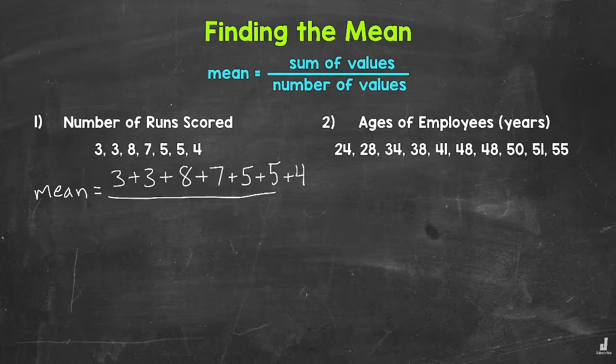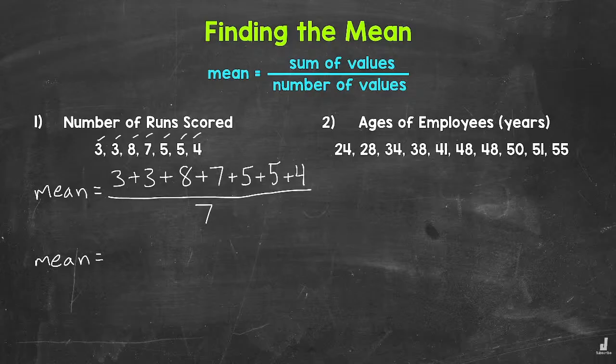Then we divide that sum by the number of values. We have 1, 2, 3, 4, 5, 6, 7, so divide by 7. Now let's add. 3 plus 3 is 6, plus 8 is 14, plus 7 is 21, plus 5 is 26, plus 5 is 31, plus 4 is 35.